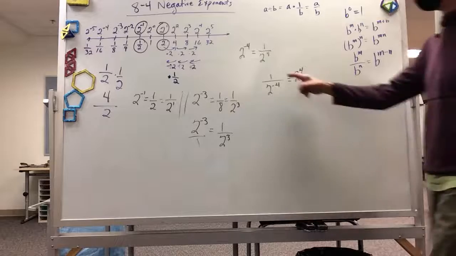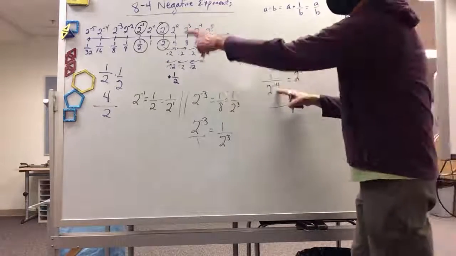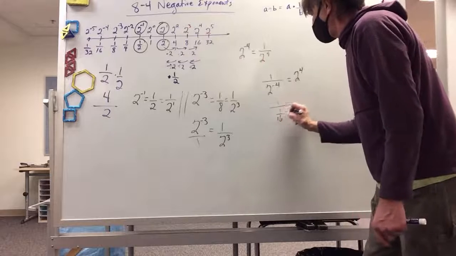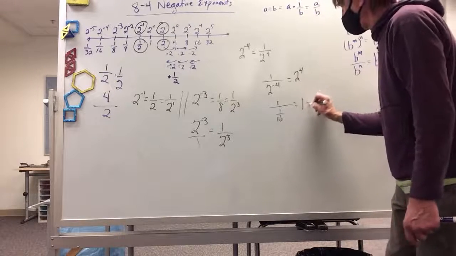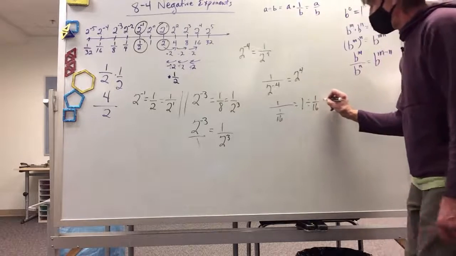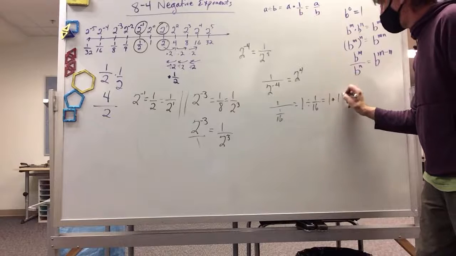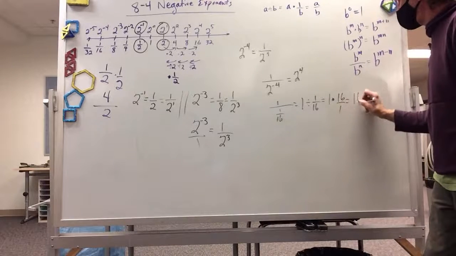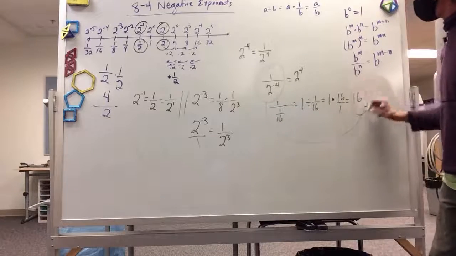And if you really need to know, 1 divided by, well, that's 1/16, isn't it? 1 divided by 1/16 is the same as this. And then if we use the multiplication by the reciprocal, that's this. So that number is the same as this number.